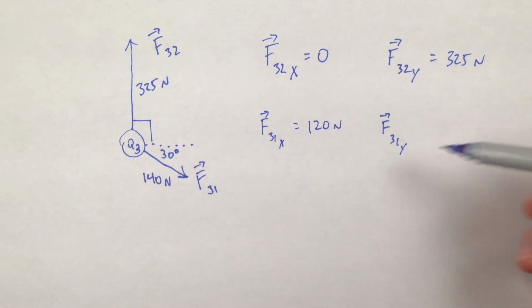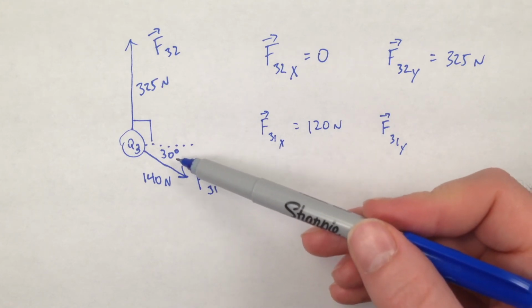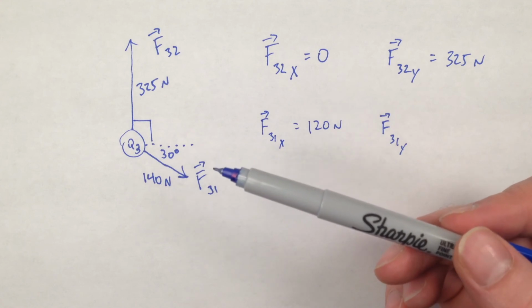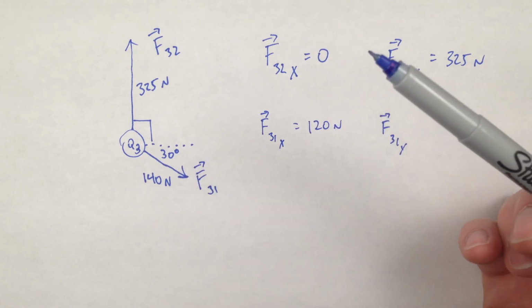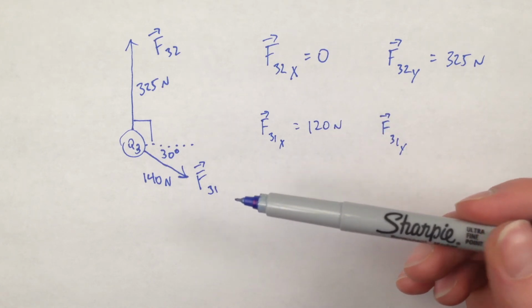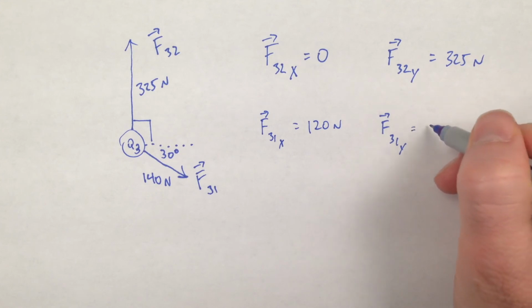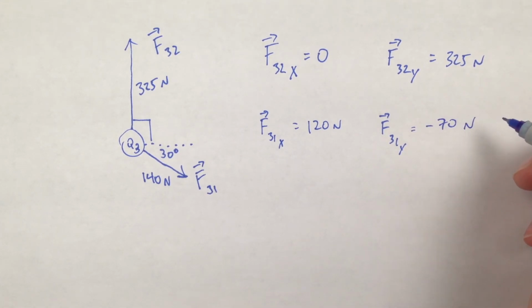Okay, as for the Y, we'd be looking at the sine of 30, except this would be negative, pointed downward. The sine of negative 30 times 140. The sine of 30 is 1/2, so this is nice and easy. It's negative 70 newtons.